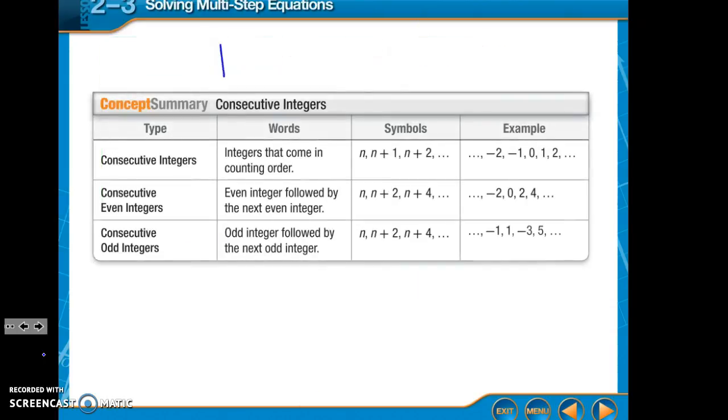What do we know about odd integers? We have 1, 3, 5. So if this is x, then what's this one? If x equals 1, the next odd integer is 3. So 1 plus how much is 3? 2. So this would be x plus 2.